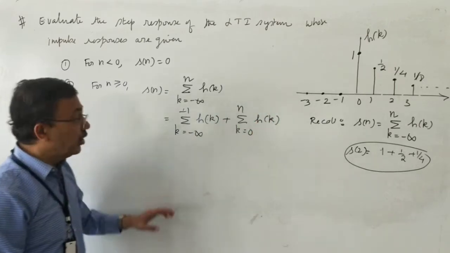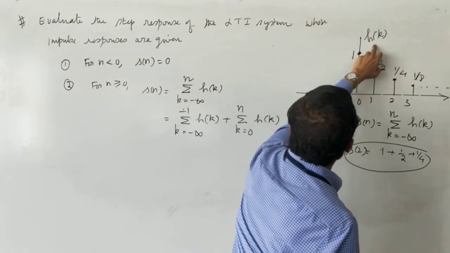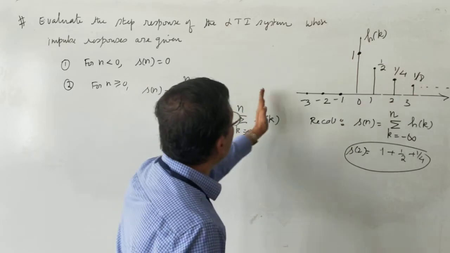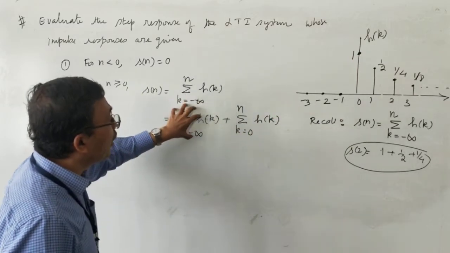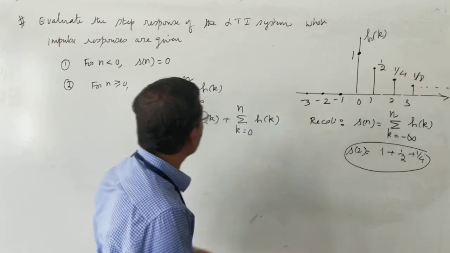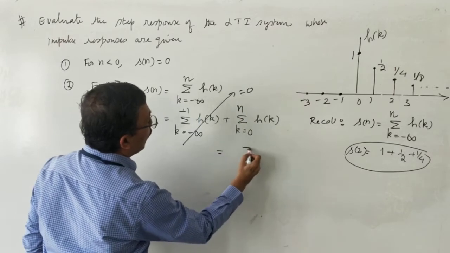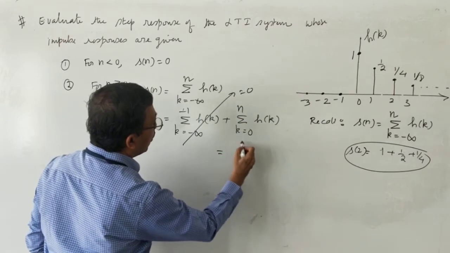The first summation will be 0 because if you add samples in this figure from minus infinity to minus 1, the summation has to give 0 result because all the samples are 0 from minus infinity to minus 1. Therefore, the summation will vanish. However, this summation will give a value, summation k equal to 0 to n.